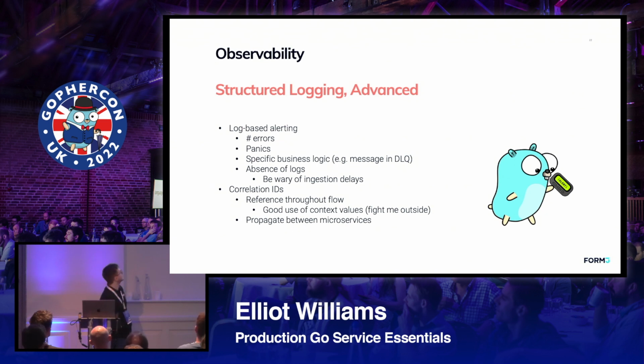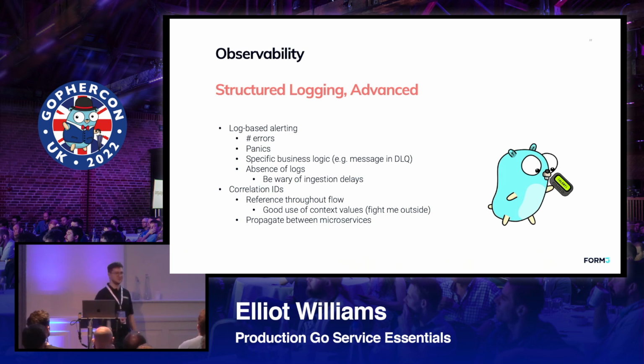The other thing with structured logging I would recommend as well is that you use correlation IDs, so that you would mint a correlation ID as early in the flow as you can, and you would reference that throughout the flow for the context of that transaction. And then I would say that's a good use of putting inside Go context values.